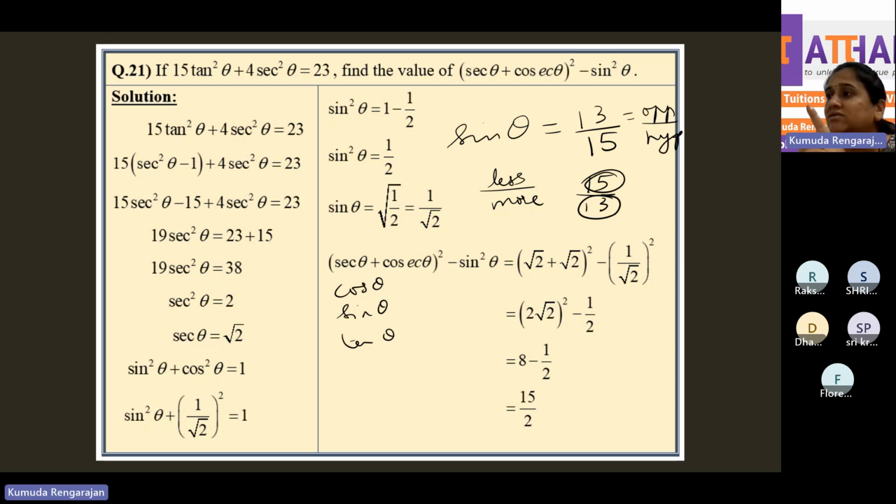But sine and cos, because hypotenuse is in the denominator, are always proper. But the reciprocals, cosecant and secant, will always be improper fractions, because it is hypotenuse by opposite and hypotenuse by adjacent.